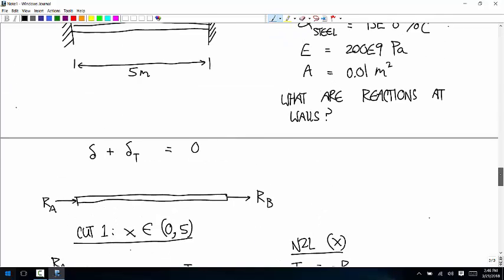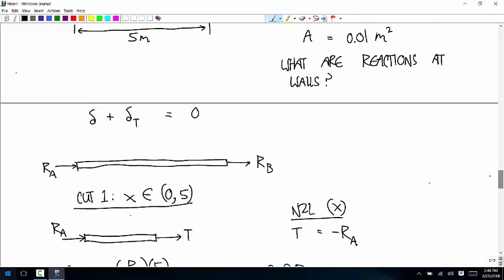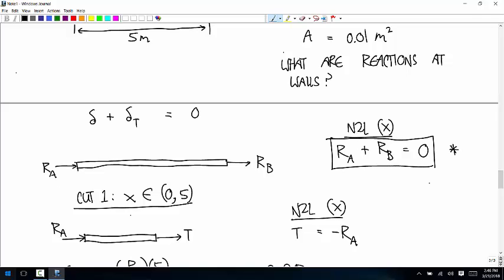What do we get from the statics? I sort of skipped that part, but equal and opposite, I think. RA plus RB. Yeah, so Newton's second law says RA plus RB is equal to 0. That's our equation star.